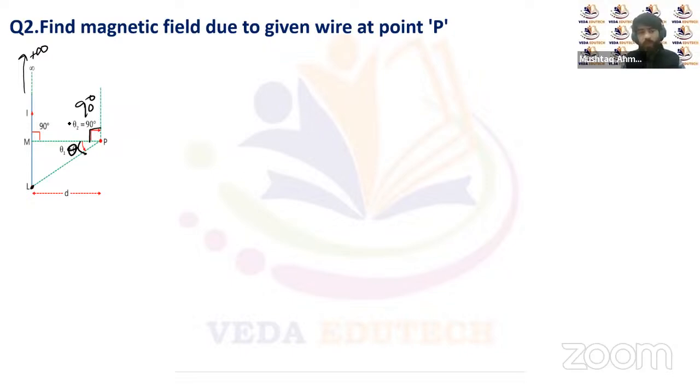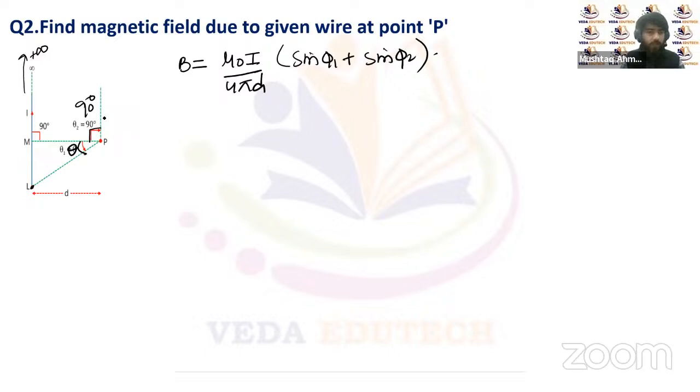So once again, we can apply the same equation. We know that because of the current carrying wire, the magnetic field is mu naught I upon 4 pi d, where d is the distance between the current carrying wire and the point P at which we have to find the magnetic field, times sine of phi 1 plus sine of phi 2, right? Now you can see here the phi 1 angle is 90 degrees, and phi 2 is the angle theta that the lower end of this wire makes.